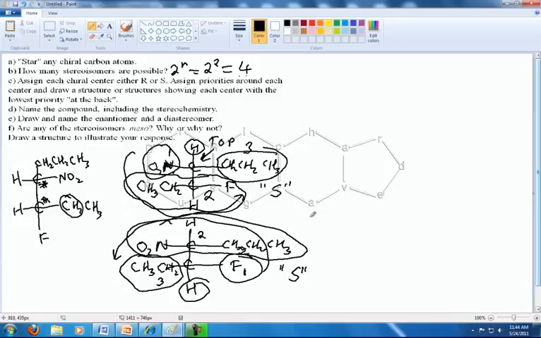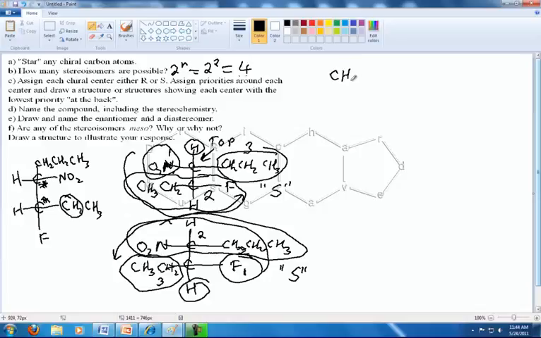So we next need to figure out what the name of this compound is going to be, and I'm going to show that over here. I'll take the original structure so that I can get the name of it, although I could have just used one of these structures as well.